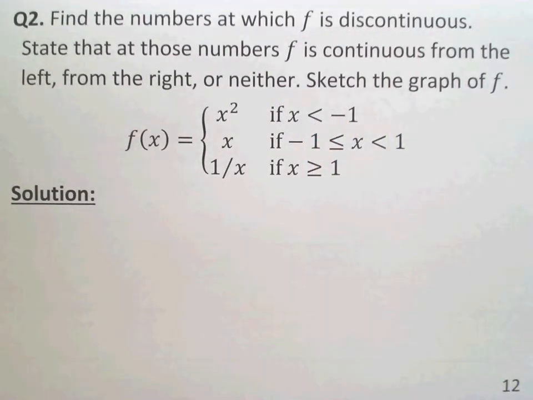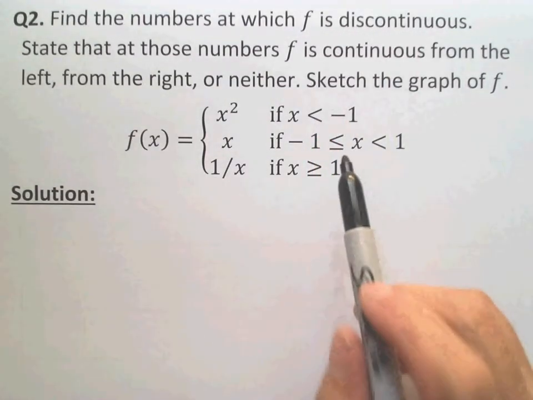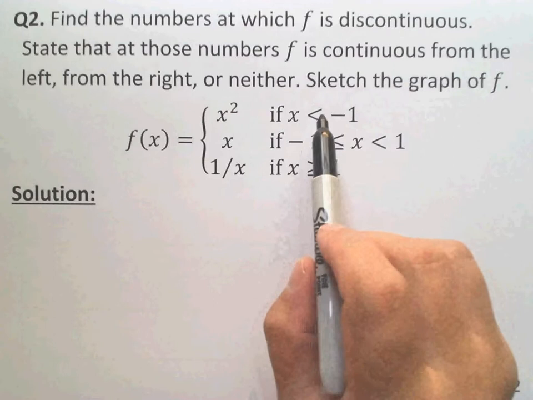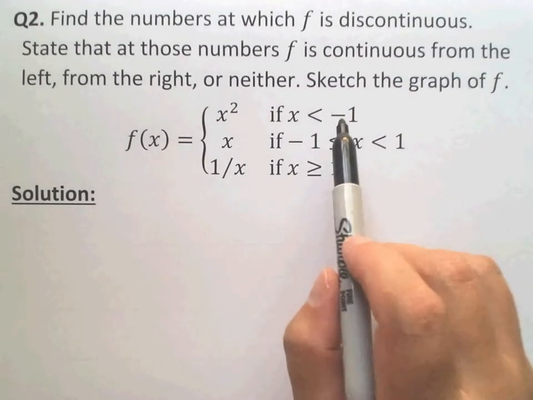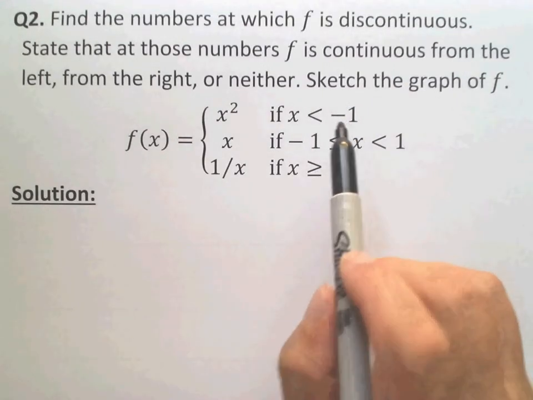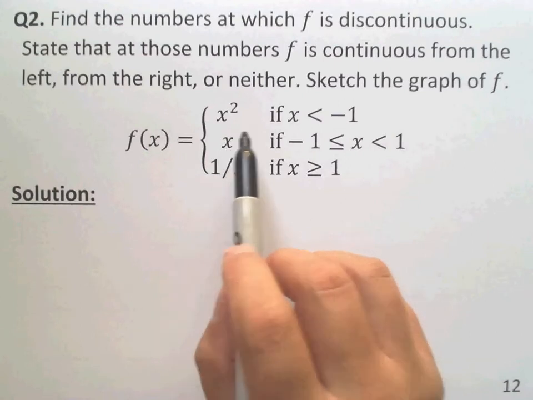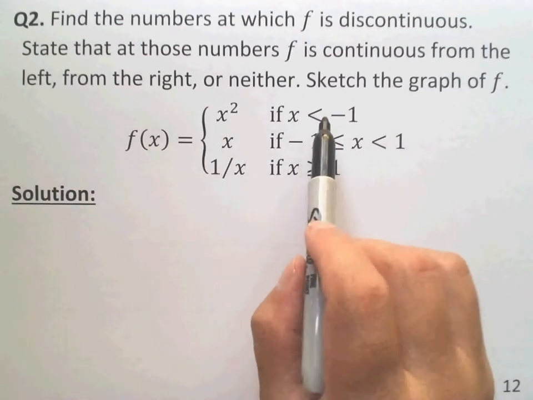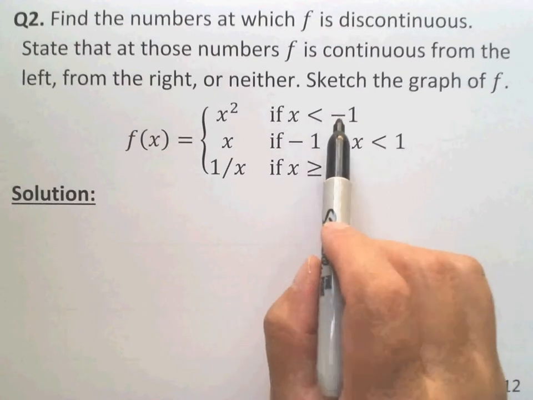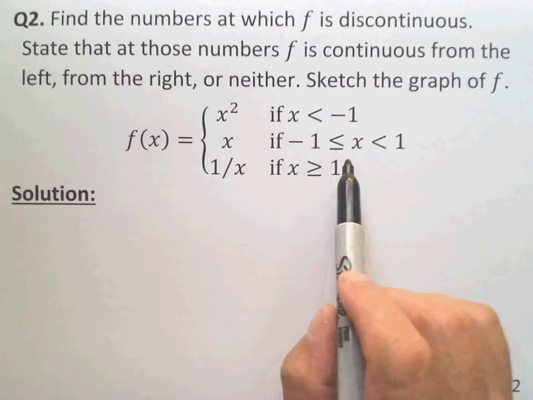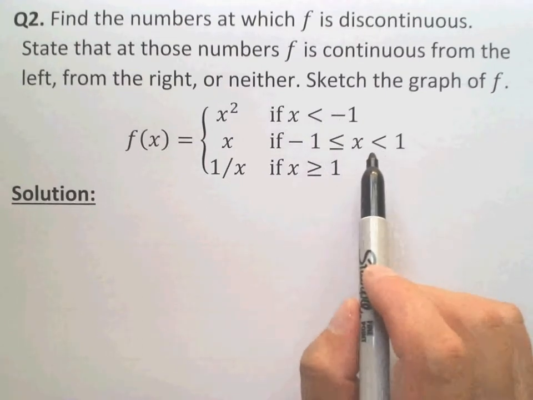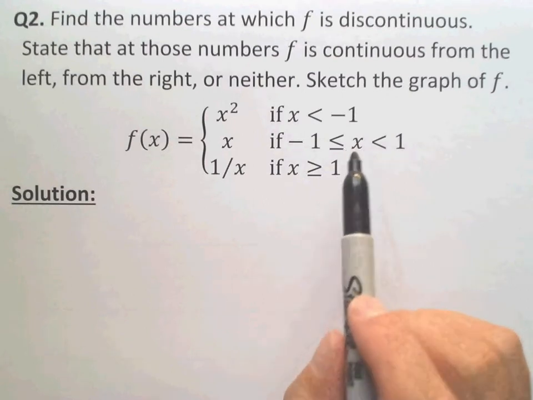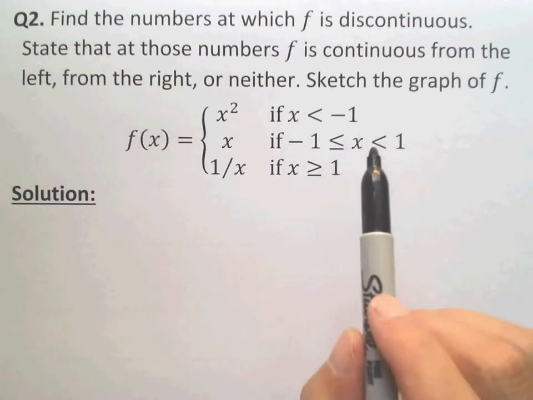Okay, I will go into the first. How do you find what kind of point is discontinuous? Okay, we need to do this. Look at the cutting point or the boundary. Okay, how many pieces for this function? 1 piece, 2 pieces, 3 pieces. For the middle, we have 1 point there, x equals -1. One cutting point, another cutting point is x equals 1.